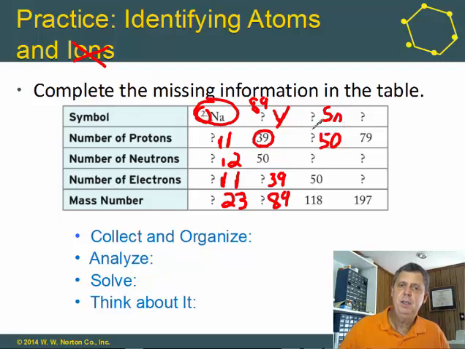And we already know the mass number is 118. Number of neutrons will just be mass number minus protons, so 118 minus 50, which should be 68.